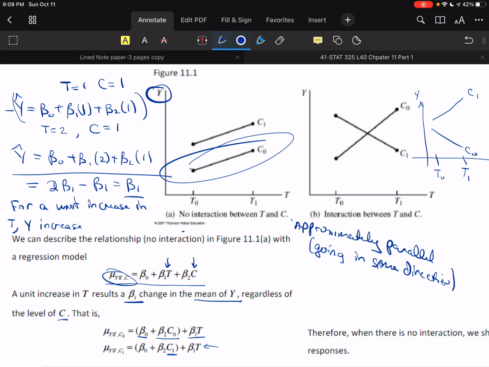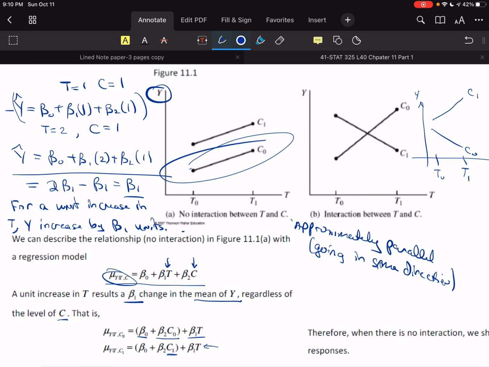If beta 1 is negative, it will decrease, but if beta 1 is positive, then it will increase by beta 1 units. Okay? That is the interpretation of beta 1. And we're saying that we're keeping c constant in that case. We're just looking at beta 1.